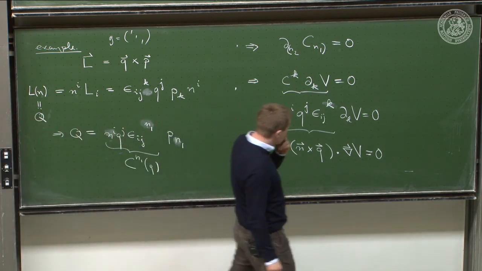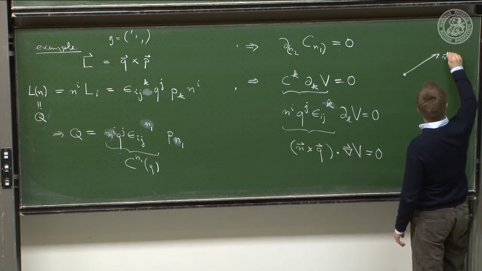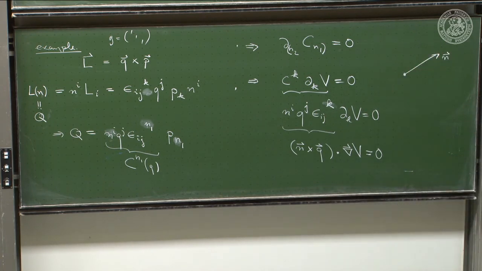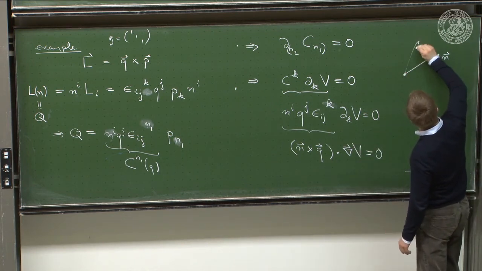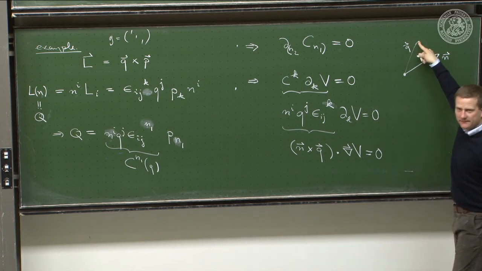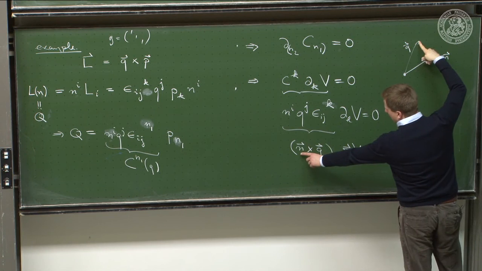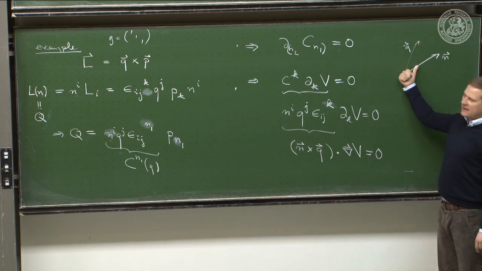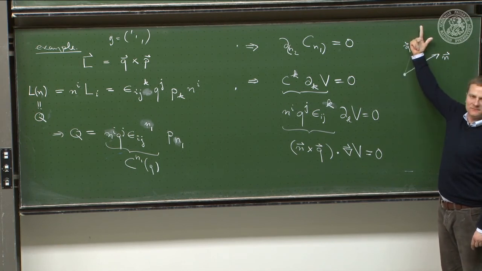I think it is, because imagine we choose in three-dimensional space an arbitrary axis. And now we go to an arbitrary point q, say this one. And now we evaluate n cross q. That's a vector pointing right at you, but being here.